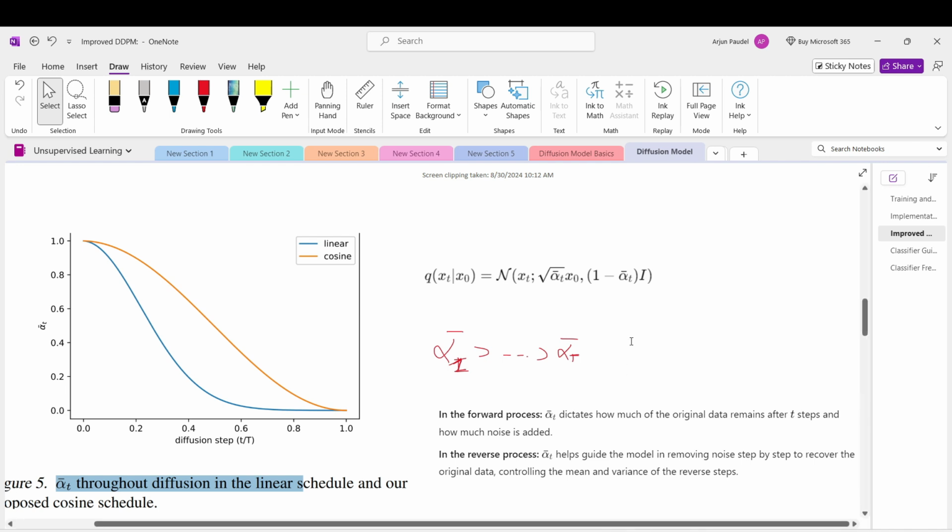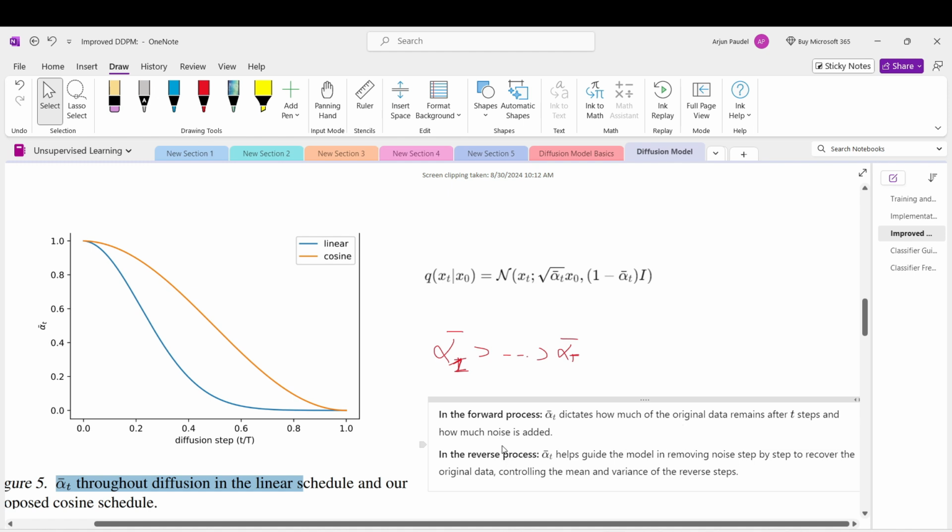So this value scales down your mean, and tells how much of the original remains after each step, and how much noise is added.